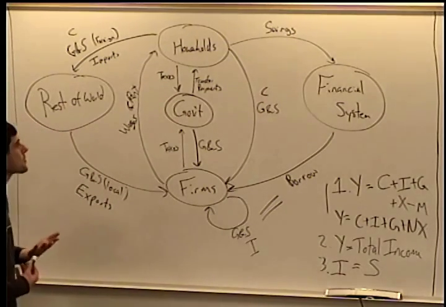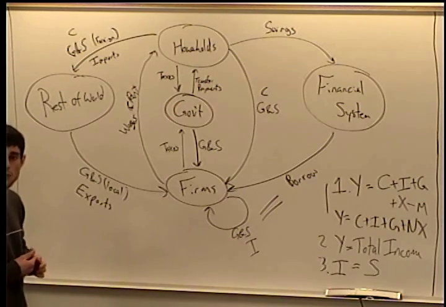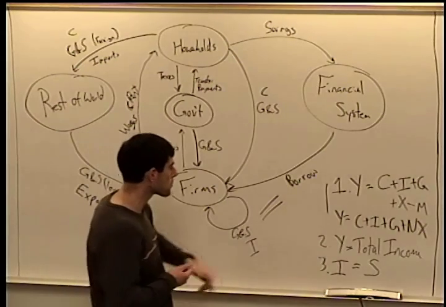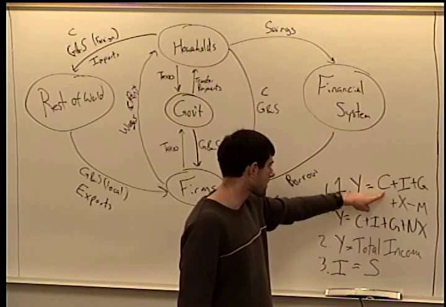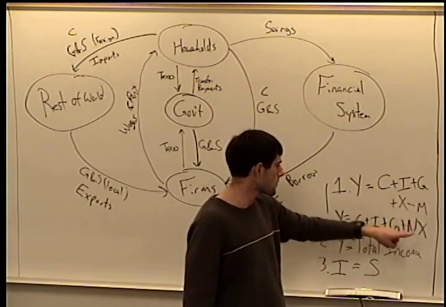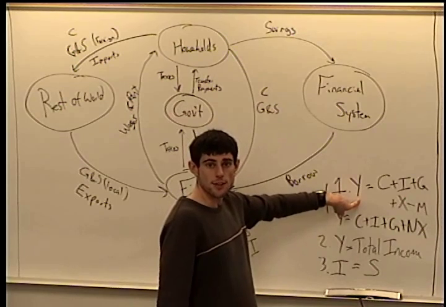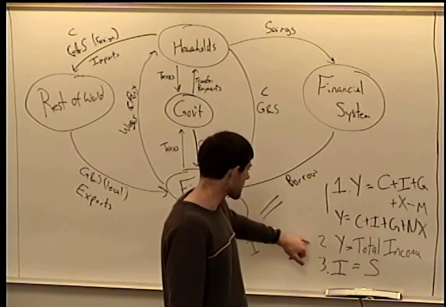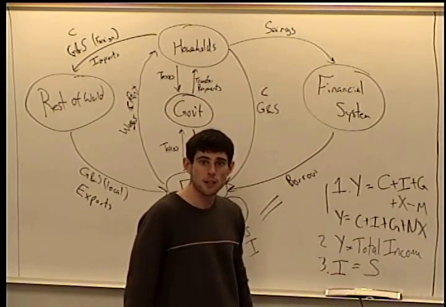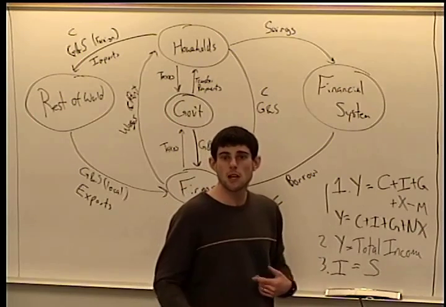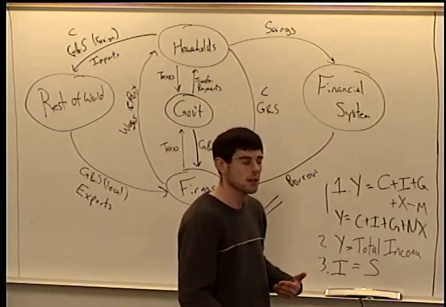And what this diagram is showing us is what we're going to be looking at throughout the rest of this semester. Number one, we can add together the components of GDP. We can add consumption, investment, government spending, and net exports, and that gets us a measure of everything that we produced in the economy. Secondly, we can add up total income or total tax statements in the economy, how much profit firms made, plus how much wages people made, plus how much taxes were paid.